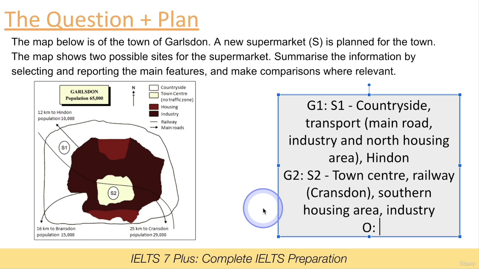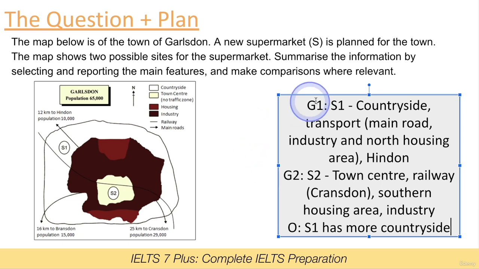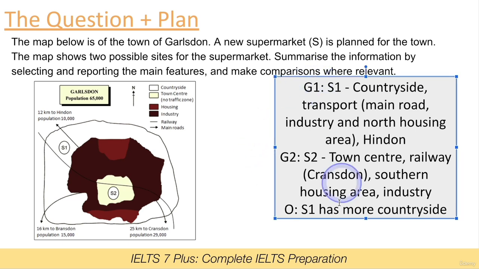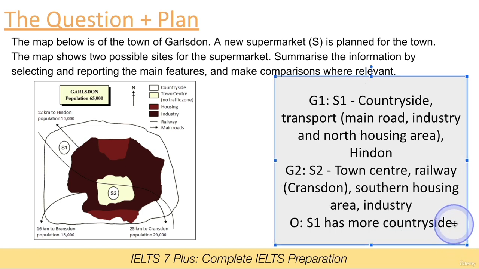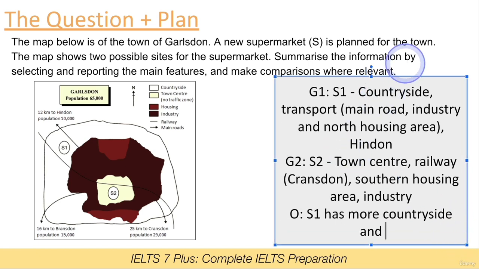Okay, so our overview then. In general, we just want to make a few notes. S1 has more countryside. I can make this a little bit bigger perhaps. S1 has more countryside and transport links.